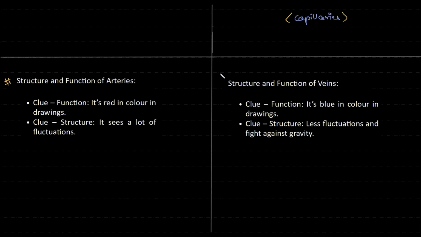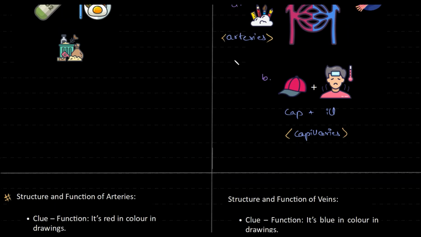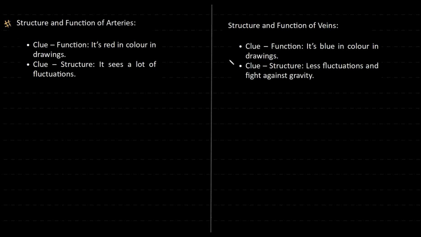Artery, as you can see in pictures, we represent it in red in color. So what can be the function? What do you think is the function? And what should be the structure? Obviously, the function has to be something to do with carrying oxygenated blood. So where does oxygenated blood come from? Your heart pumping from the, yes, so that will be the left ventricle.